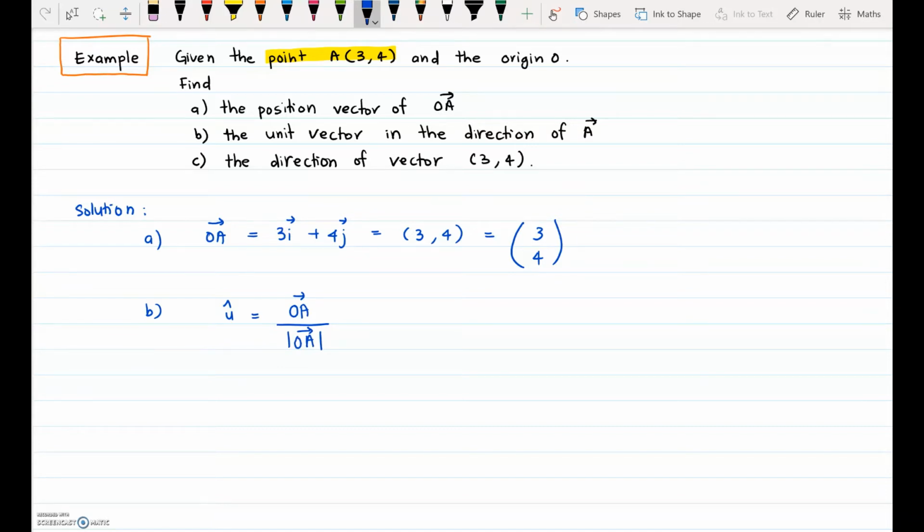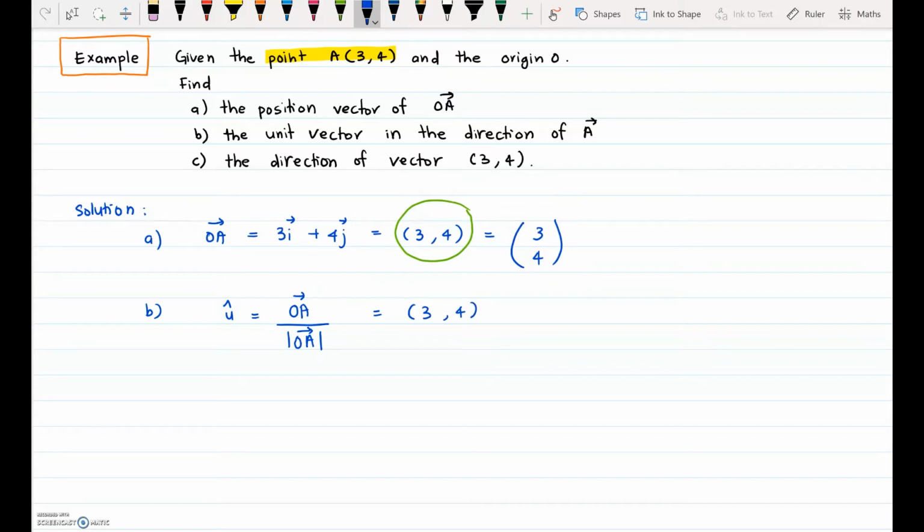Let's say we want to write in the form of a horizontal matrix, so now OA is (3, 4).